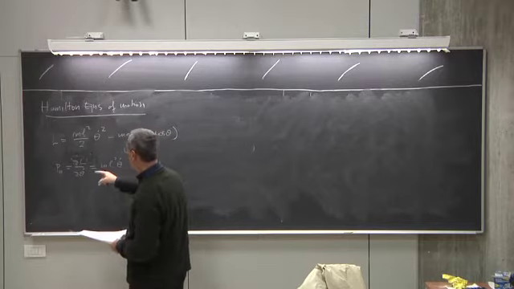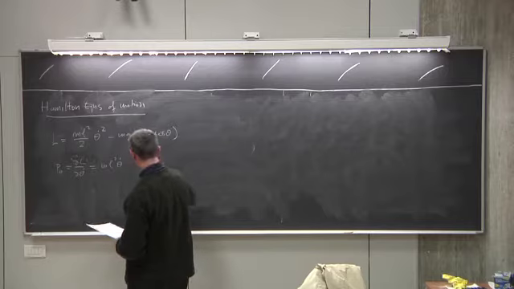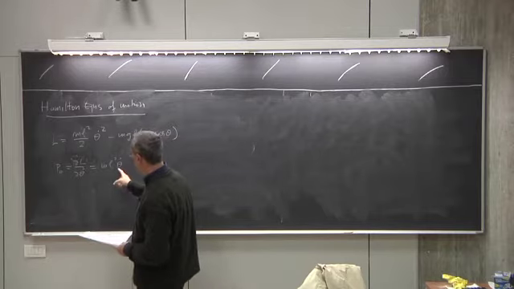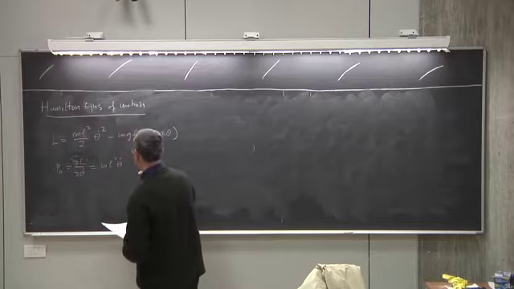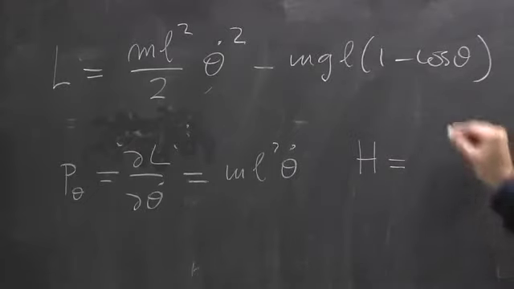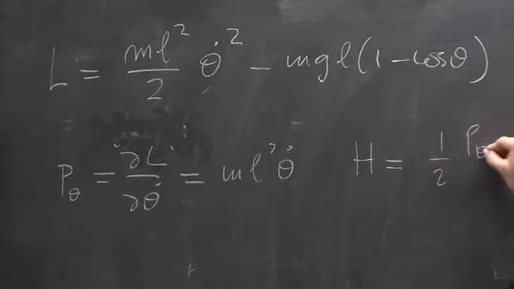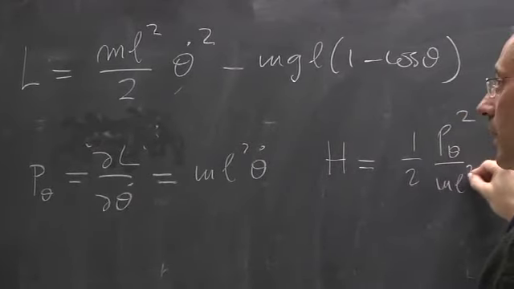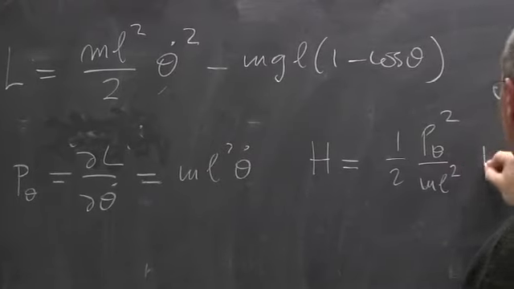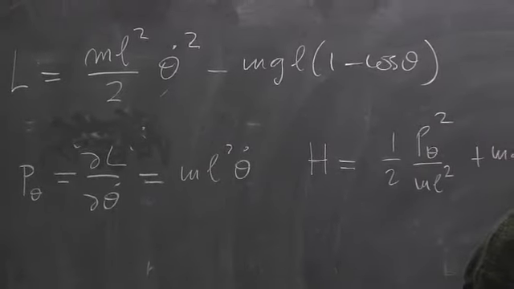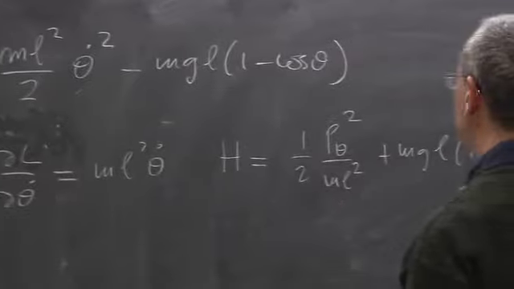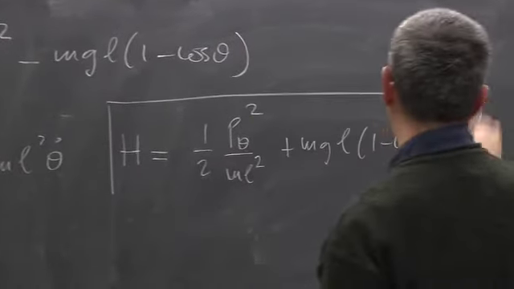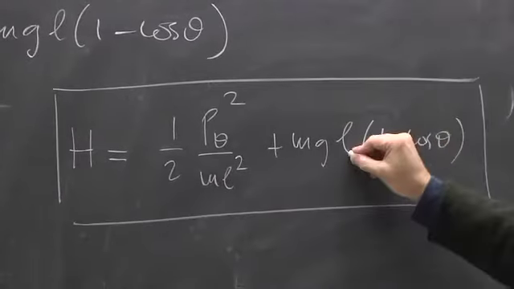So all you need to write the Hamiltonian is to take this and substitute p theta for theta dot. So you get 1/2 p theta squared over m l squared plus m g l (1 minus cos theta). So this is the Hamiltonian for your pendulum of length L.